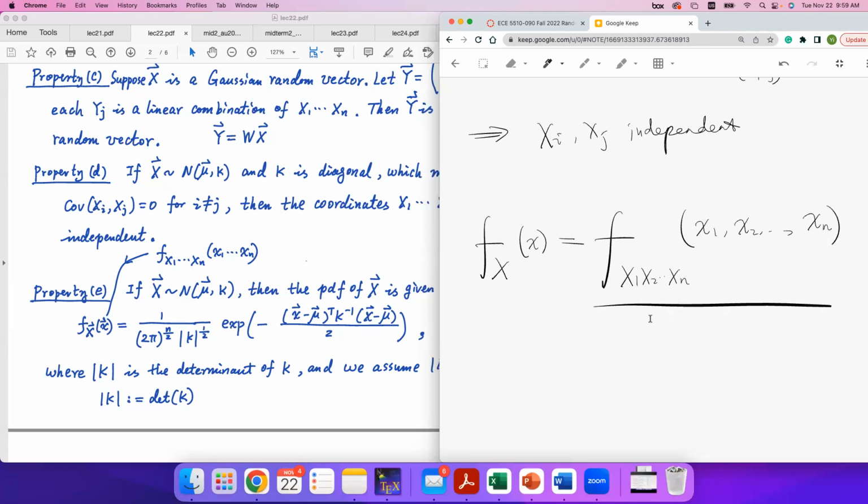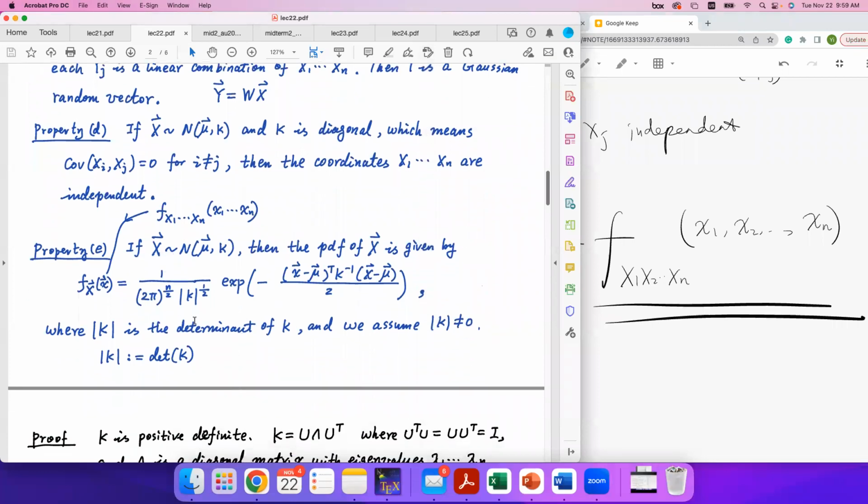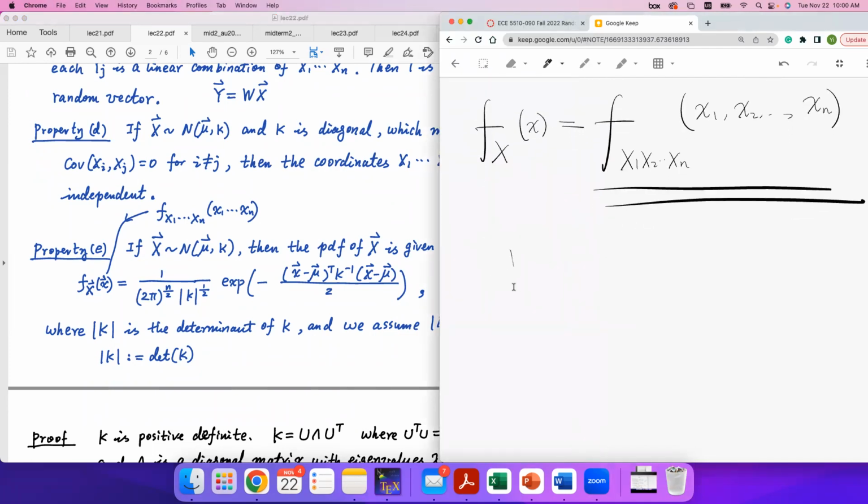Such a joint distribution is given by this exponential form, which looks similar to the one-dimensional case. We can compare it with the one-dimensional case.